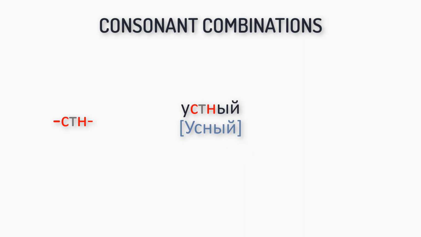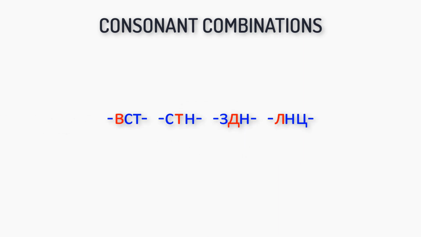Устный, устный. We drop the letter T. Поздно, поздно. Here we do not pronounce the letter D. Солнце, солнце. We omitted the pronunciation of the letter L. Please note, we omit these letters only in pronunciation, but never in writing.